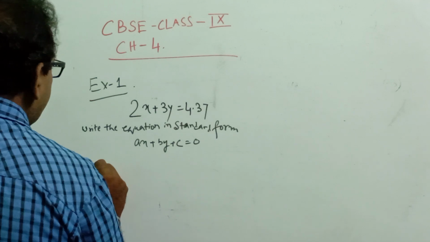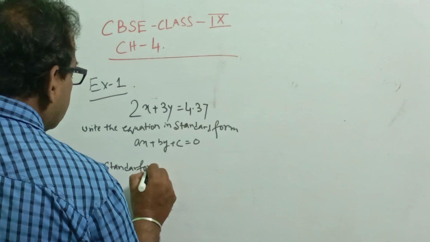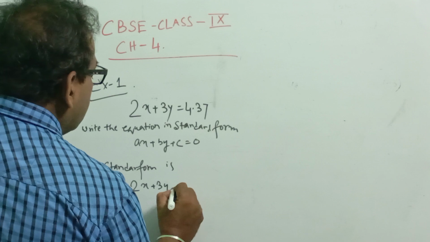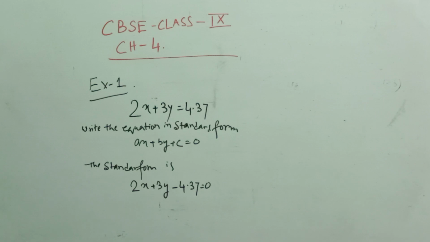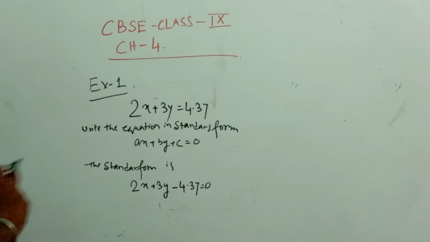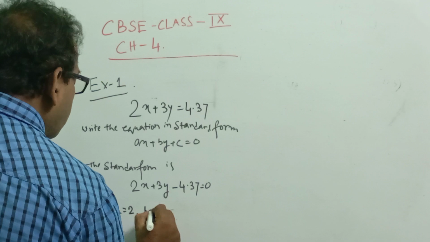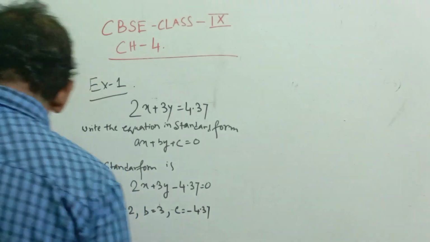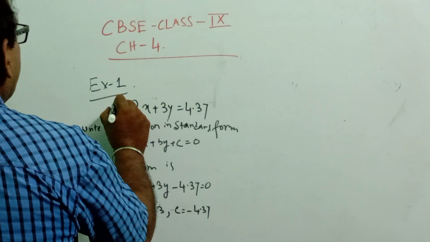So we have to write the standard form: 2x plus 3y minus 4.37 is equal to 0. The first part is over. And the second part is to indicate the values of a, b, c. So a is equal to 2, b is equal to 3, c is equal to minus 4.37. Is it clear? This is number 1.